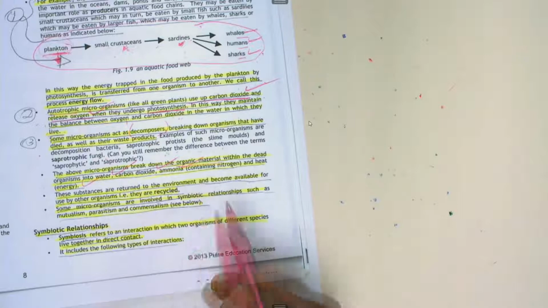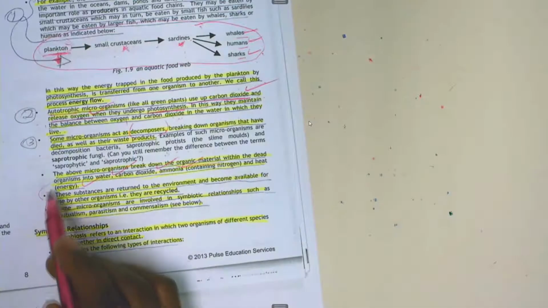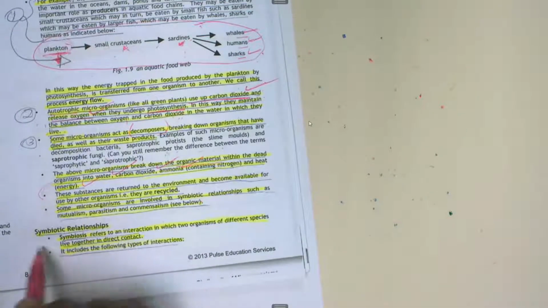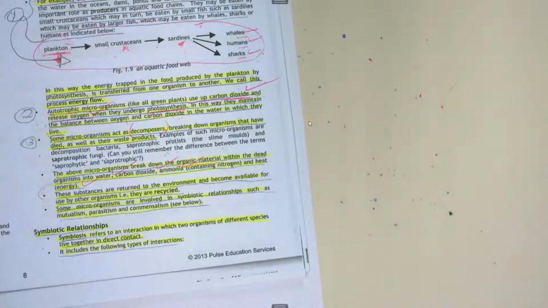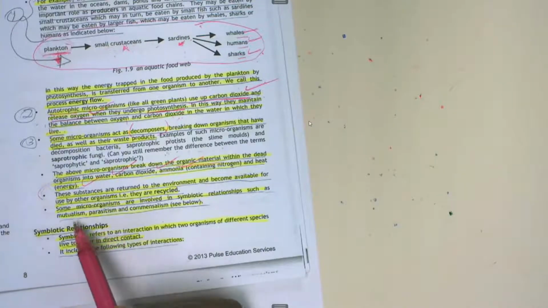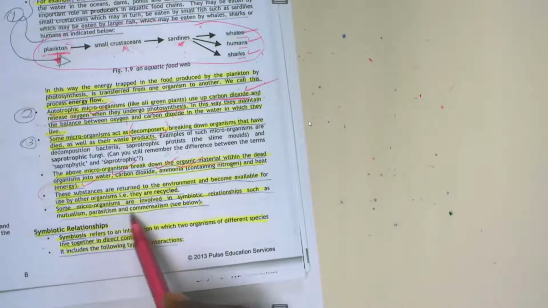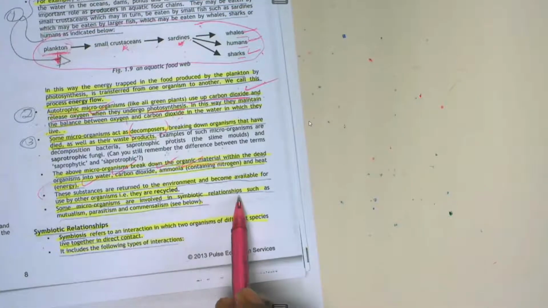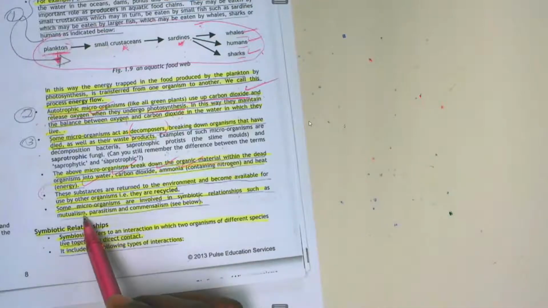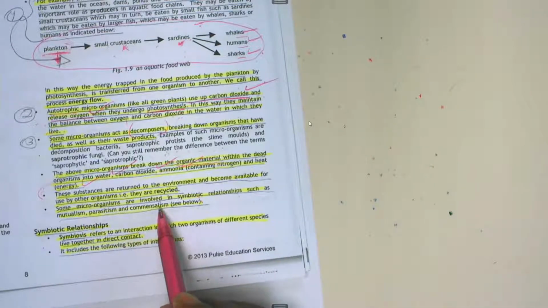And then all these substances will be recycled or returned back to where? To the atmosphere. And then the last point, some of the microorganisms are involved in symbiotic relationships such as mutualism, parasitism, and commensalism.